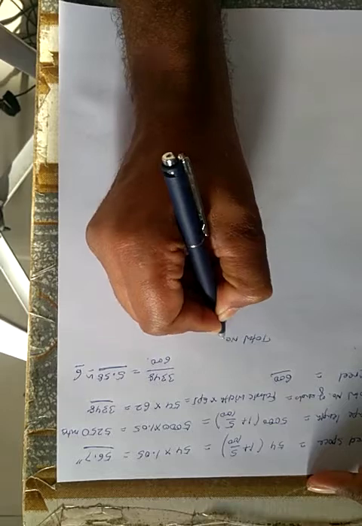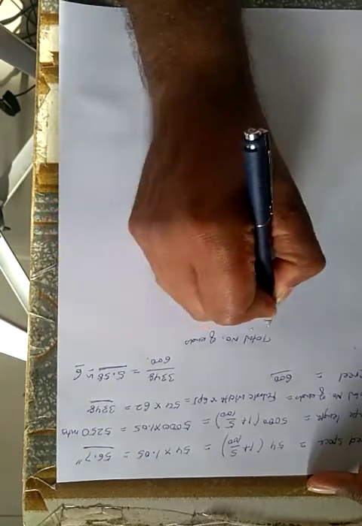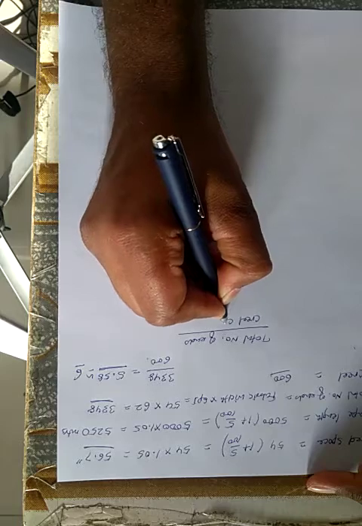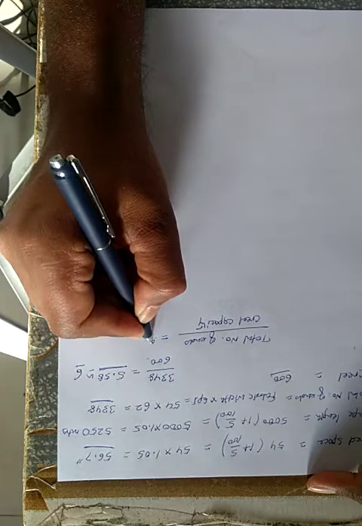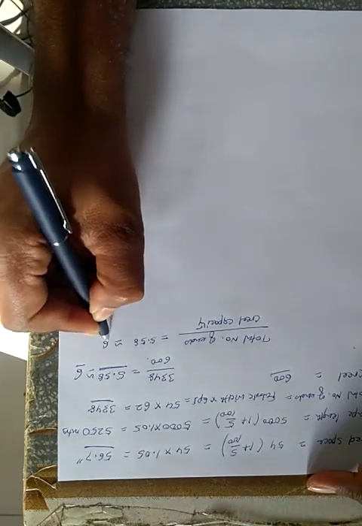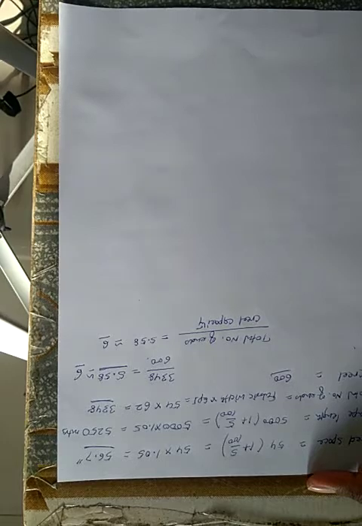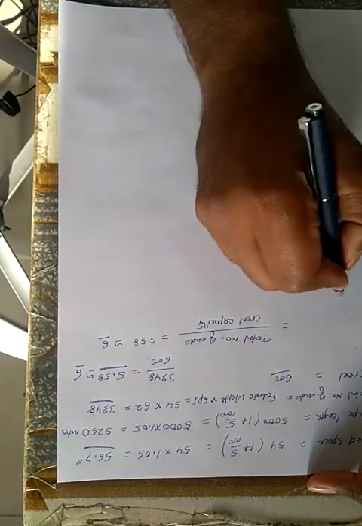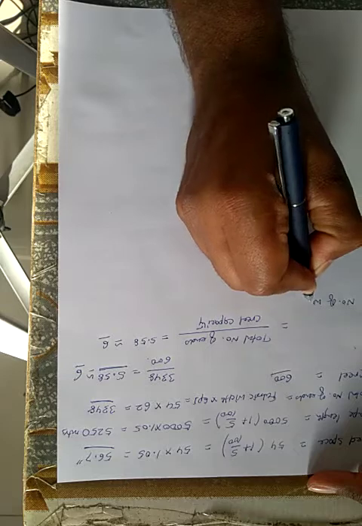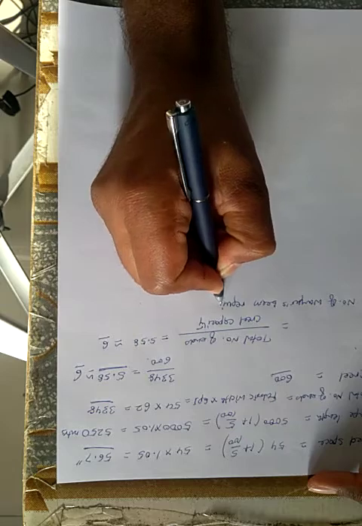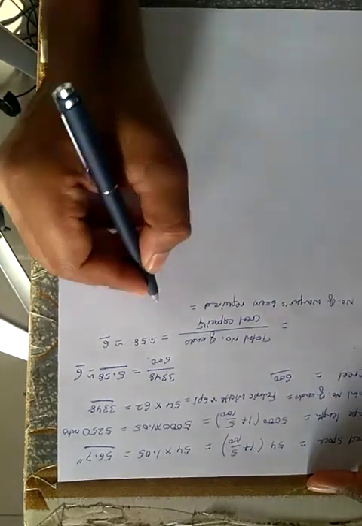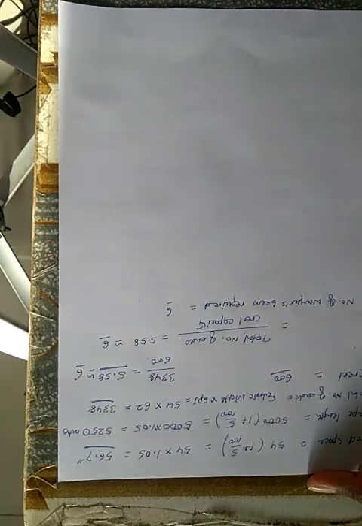Total number of ends divided by our creel capacity gives us 5.58, which is nearly equal to 6. So number of warper's beams required is 6.